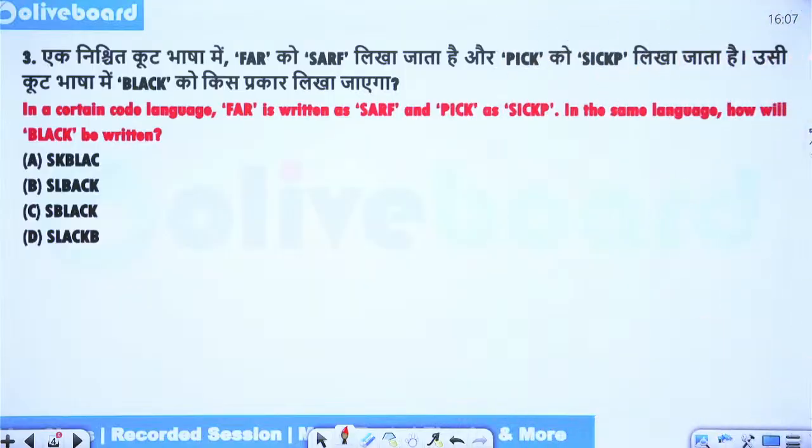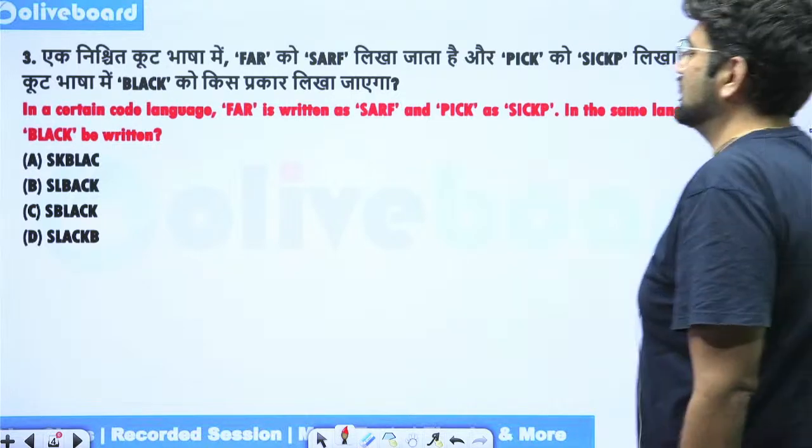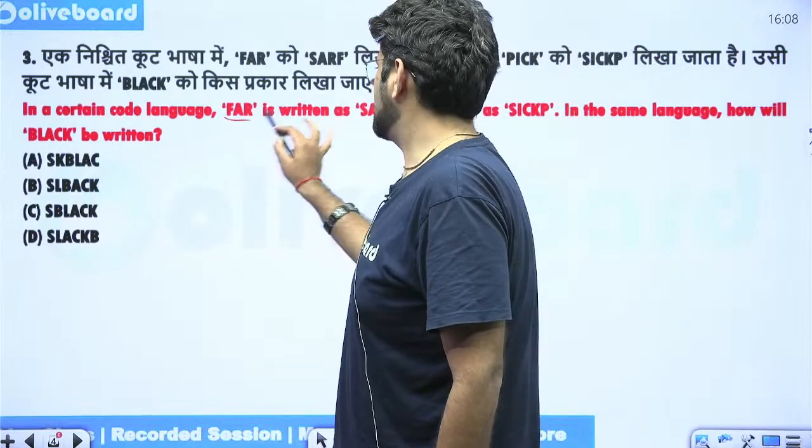FAR is written as SARF. PICK is written as SICKP. In the same language, how will BLACK be written? Now, if you observe carefully, what exactly is happening here is that this is being arranged in an order.